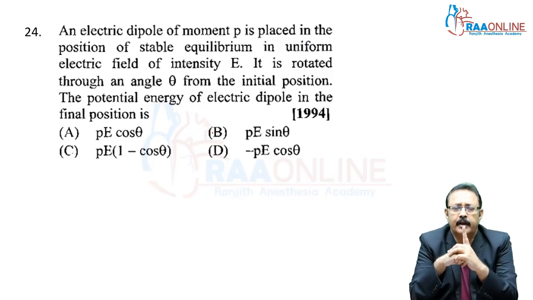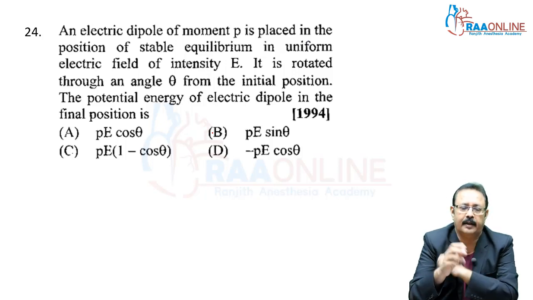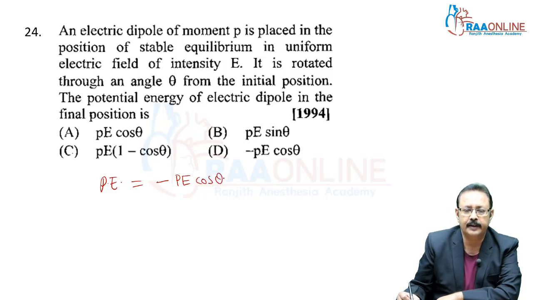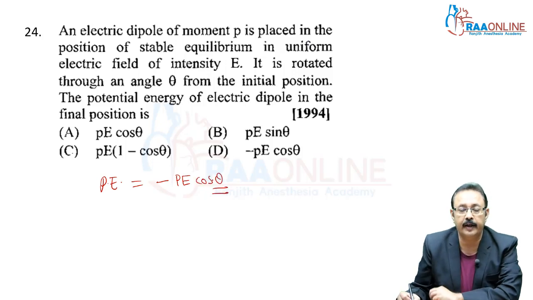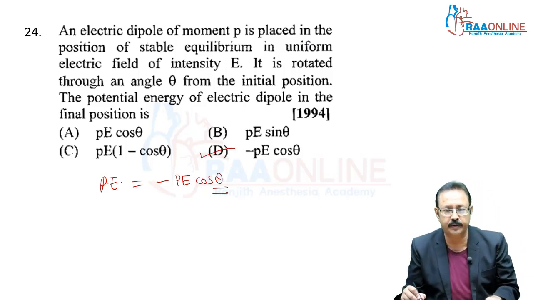The potential energy of electric dipole in the final position is... We know that when you put an electric dipole at an angle theta, its potential energy will be, direct derivation they are asking, minus PE cos theta. At theta angle, potential energy is minus PE cos theta. So we are going with D.